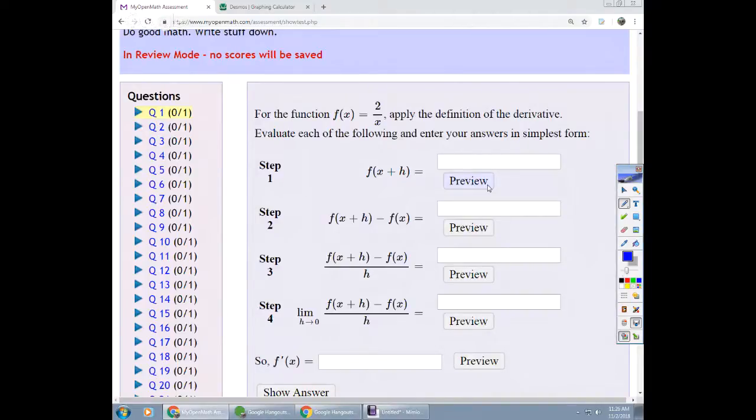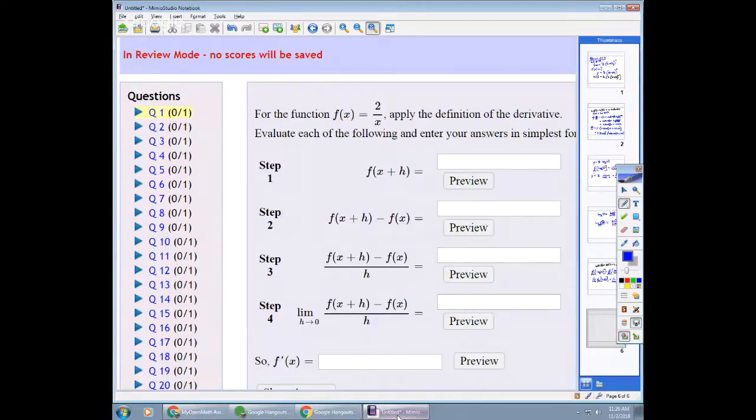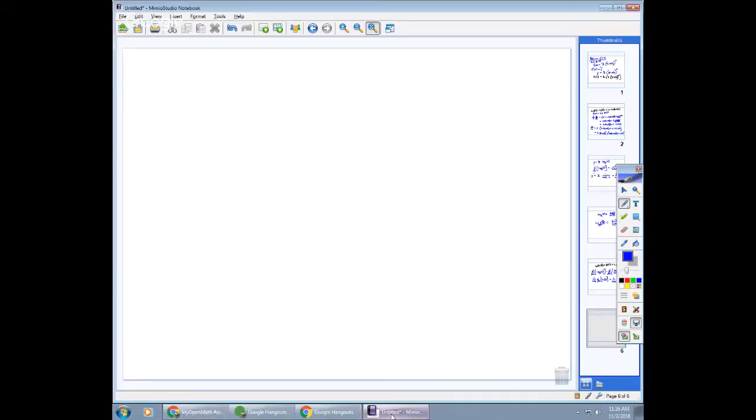Yeah. So we have f of x equals 2 over x. We want to use the definition of the derivative.